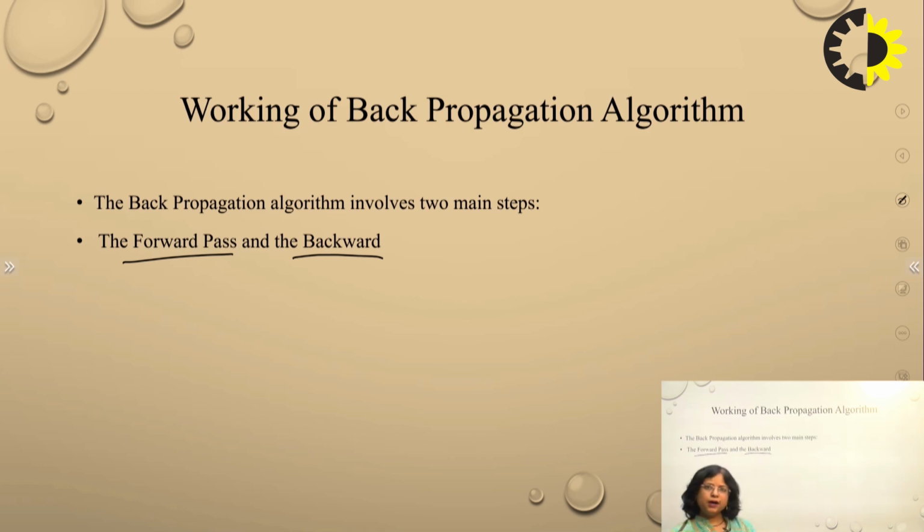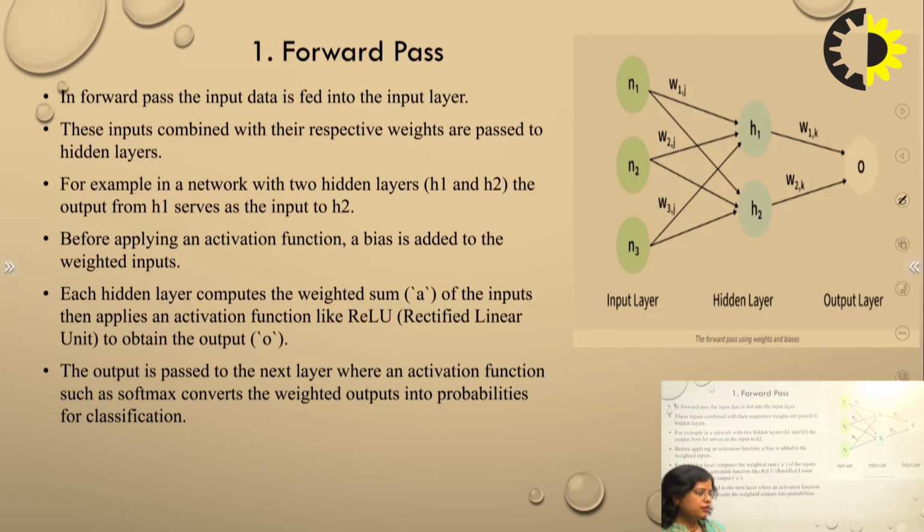In the forward pass, we calculate the output, and in the backward pass, we try to minimize the difference between the expected output and the actual output. So this is the first pass, the forward pass.